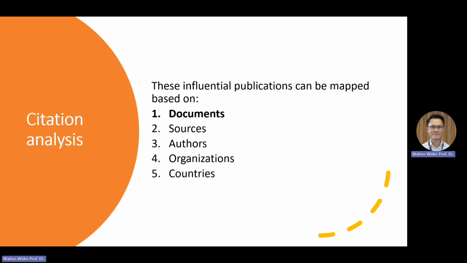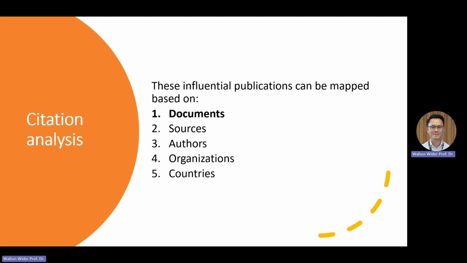Firstly, we can map the documents, which involve papers, articles, or books. All right. We can also map sources. Here we look at the journals, conference proceedings, and other sources where these publications are published. All right. And we can also map the authors. By mapping authors, we gain insight into which researchers are leading and shaping the field.